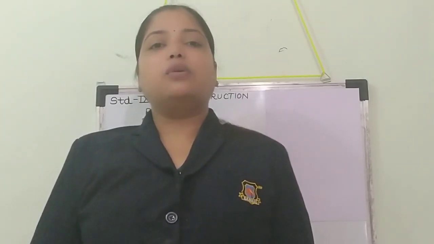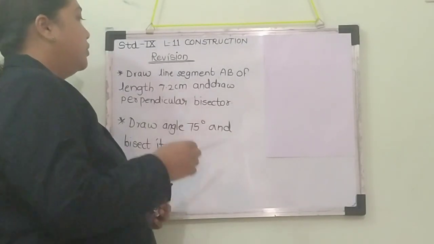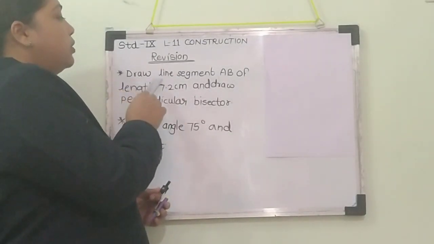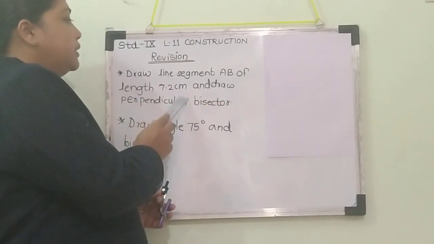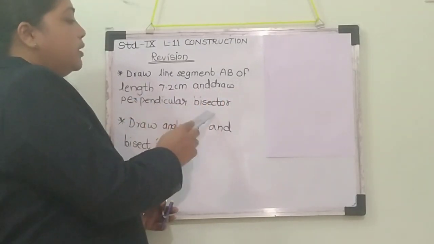So first I will take one question: how to draw the perpendicular bisector of a line segment. So let us start. First we have to draw the line segment AB of length 7.2 cm and draw its perpendicular bisector.